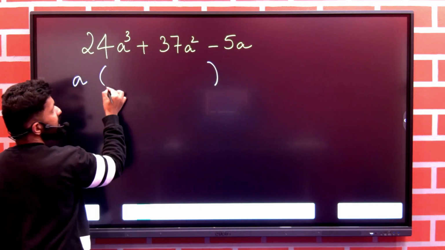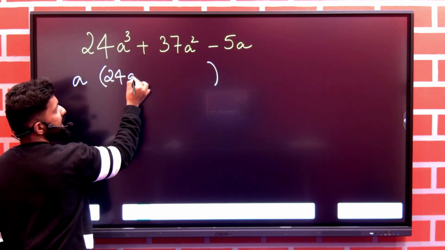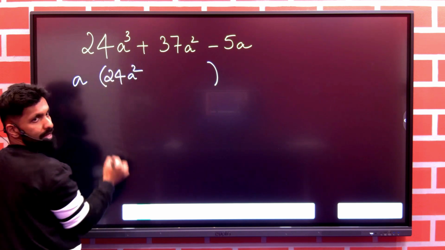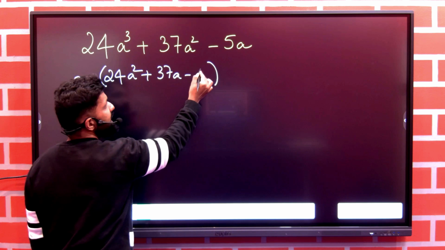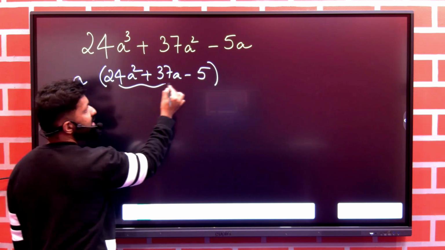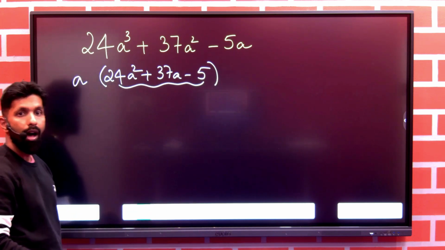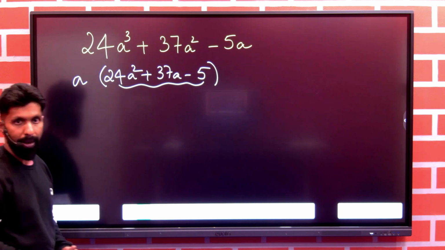So what is inside? I have 24 a square. A into a is a cube, isn't it? Yes. Plus 37 a minus 5. Now this looks like our general format, the required format, isn't it? Okay.